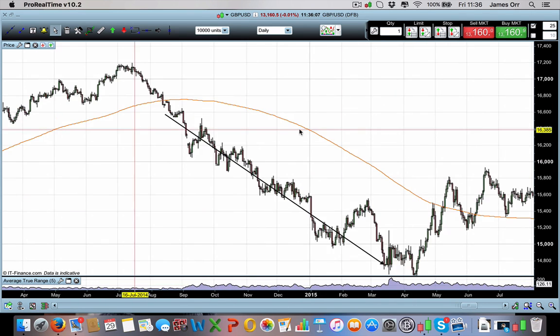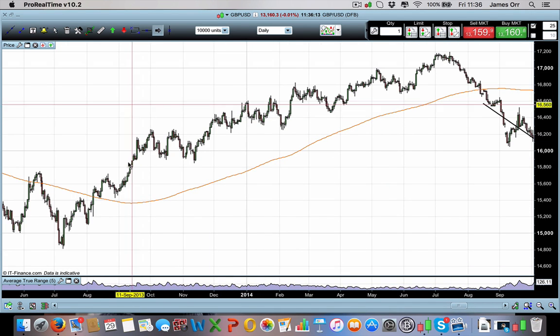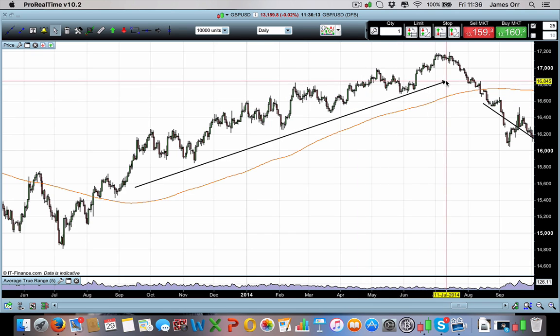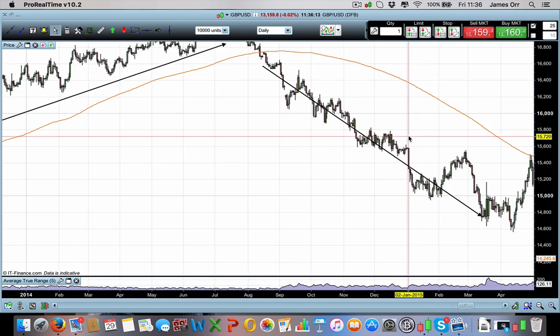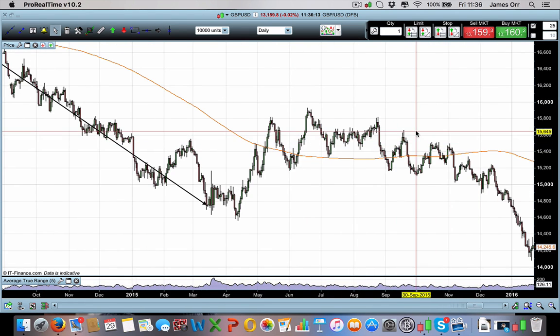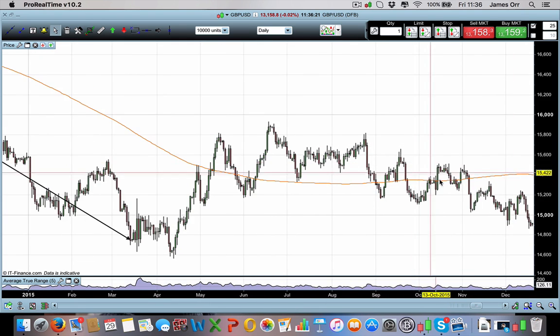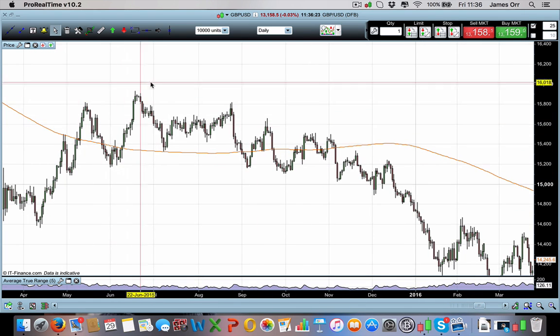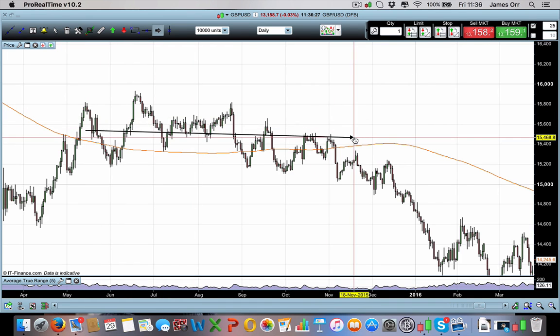If it's above it, let's have a look, like here, it's said to be in an uptrend. Very simple, and a very easy, quick way to judge a market. Here you can see it's bouncing up above and below. That is a ranging market.